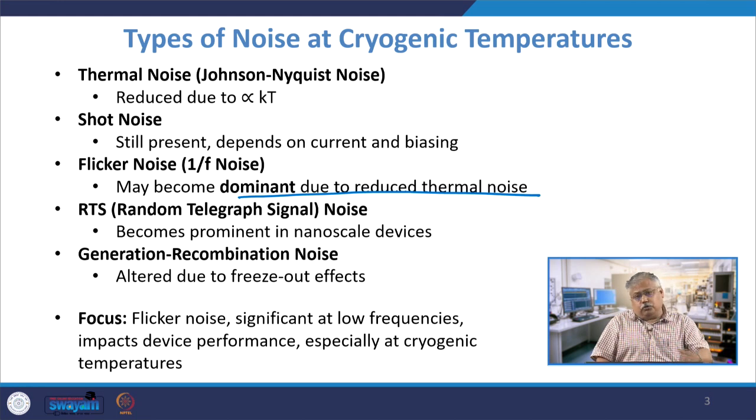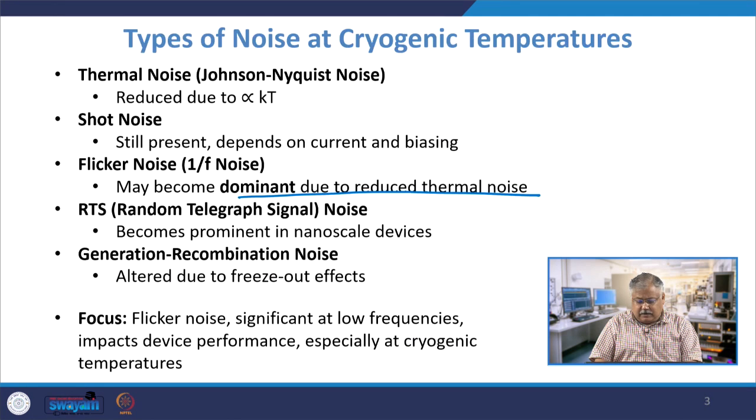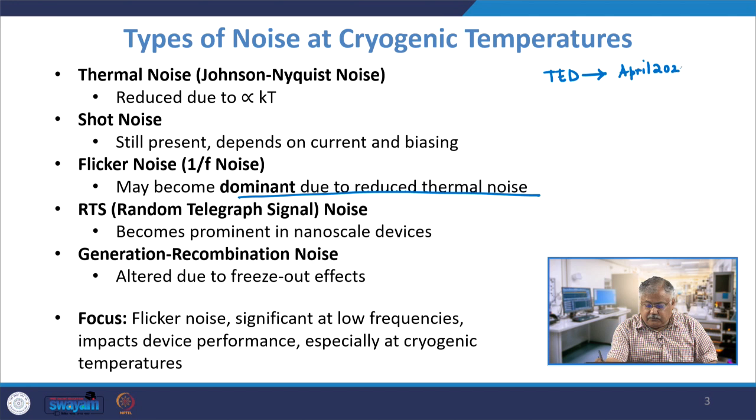Now, if you go through many research papers, one of the research papers is quoted here, right. I will give you the citation also. This is basically a TED paper, IEEE Transactions on Electron Devices, from where I have taken this discussion. It was published in April of 2025, right, and the page number is 1926 onwards.